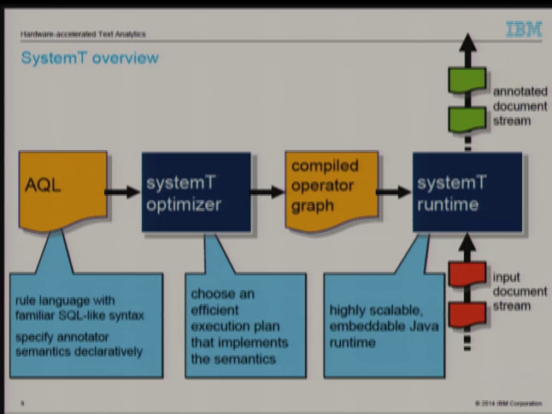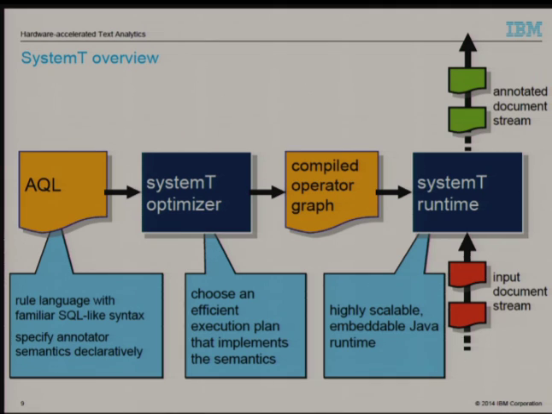And that gets then fed into the System T optimizer that will compile the query into an operator graph, which then can be executed by the System T runtime. So that gave them the opportunity, using this optimizer, to really find an optimized execution plan for the software on the CPU, and they saw some nice throughput gains here.